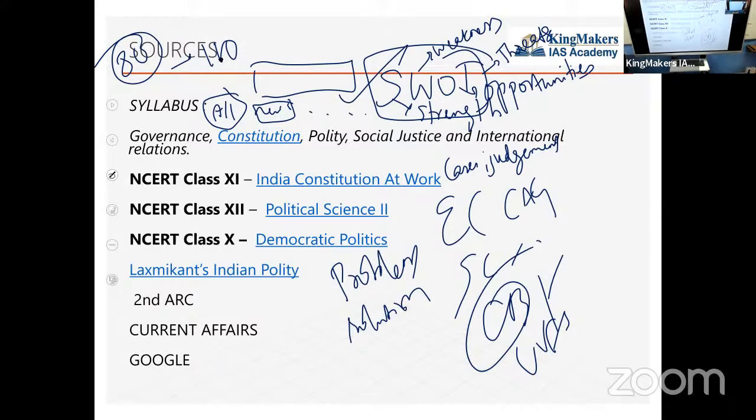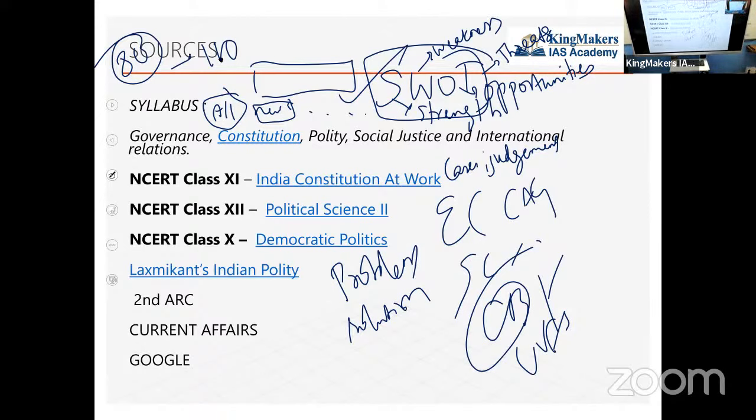What are the facts you consider in polity? Articles, then cases, then commission reports, amendments, schedules, interpretations, commission recommendations.